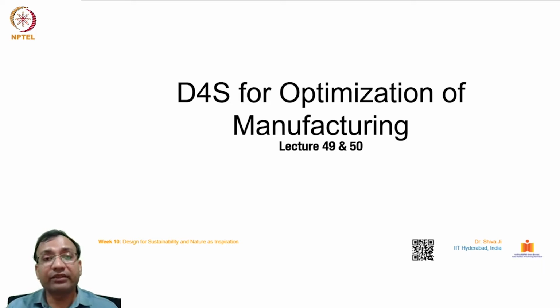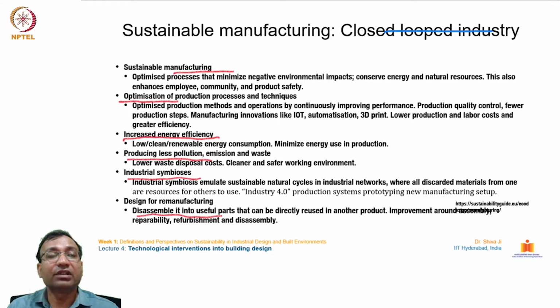So it is very important for us to control this sector and find ways through which this can be controlled. A sustainable manufacturing system should work on a closed loop industry. There are some approaches listed on this slide, and we will see each of them one by one.